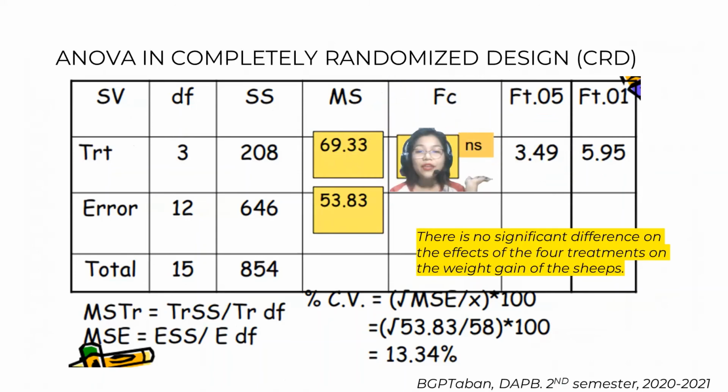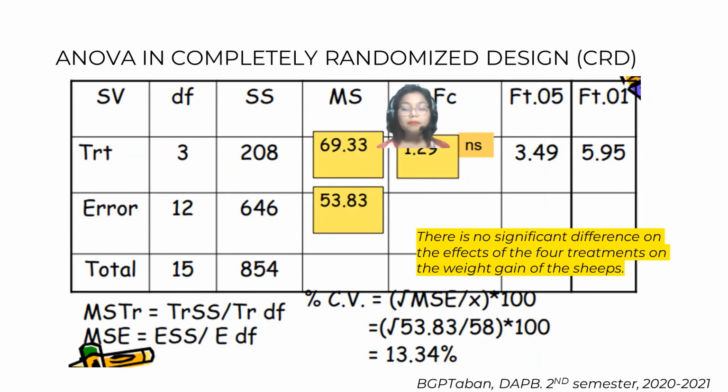Ngayon, pwede na tayong mag-create ng ating conclusion. Sabi dito NS. Bakit NS? Kasi po, mas maliit ang ating F computed kaysa ating F tabulated. Diba sabi kanina, kung mas maliit ang ating computed F kaysa ating F tabulated at 5%, automatically NS.